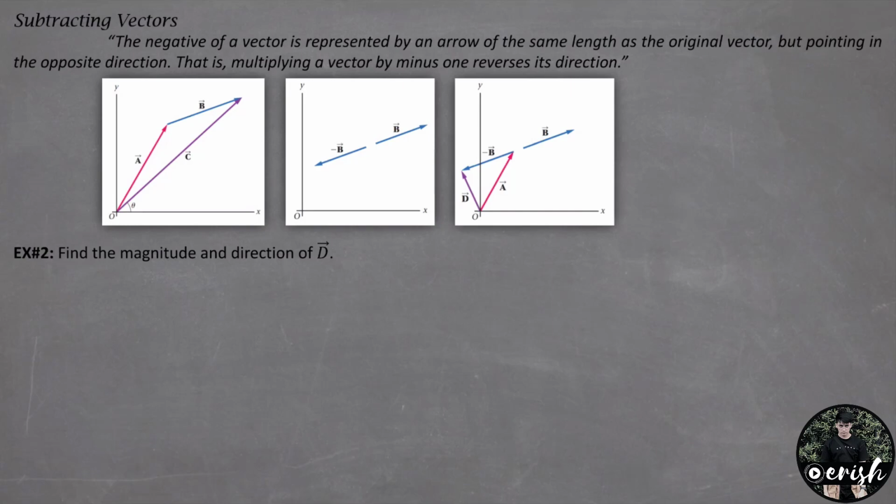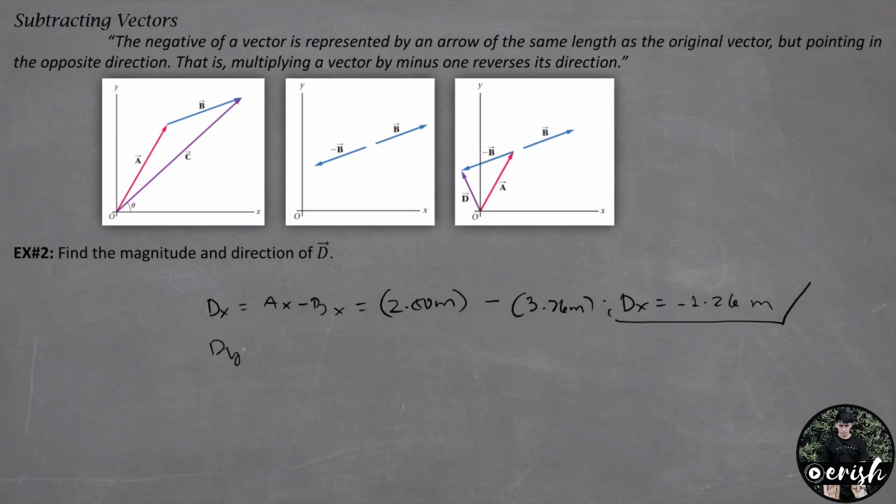Let's solve dx first. This is ax minus bx. We already solved ax and bx earlier, and the value of ax is equal to 2.5 meters minus bx, which is 3.76 meters. The value of dx is equal to negative 1.26 meters.